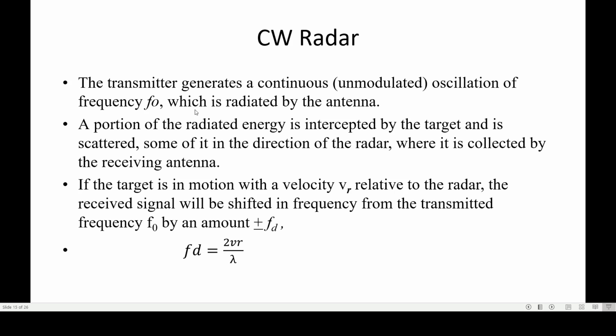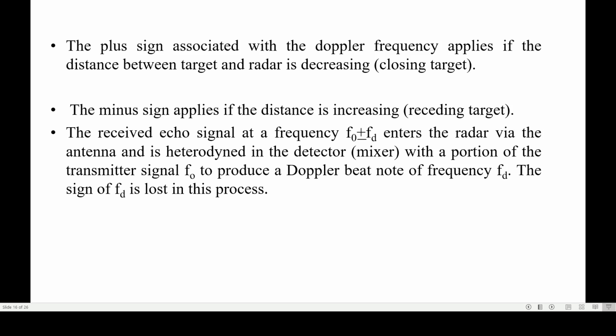Now let's analyze whether the object is moving towards the radar or moving away from the radar. So the signal is F0 plus or minus Fd. The plus sign associated with the Doppler frequency applies if the distance between the target and the radar is decreasing, which is closing towards the target.